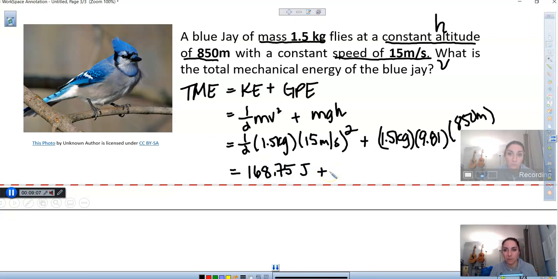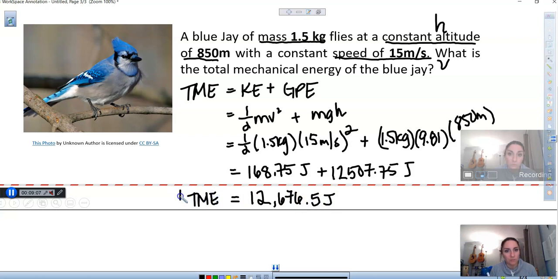1.5 times 9.81 times 850 gives me 507.75 joules of potential energy. And notice again that trend that I told you, the potential energy was way more than the kinetic, surprisingly. Now I'm just going to take those two numbers and add them together: 12,676.5 joules of total mechanical energy.